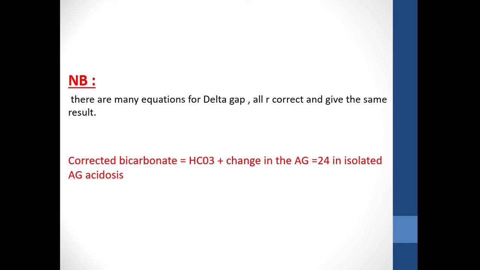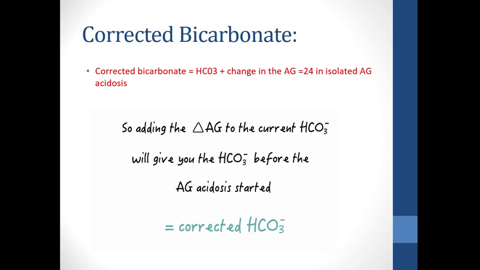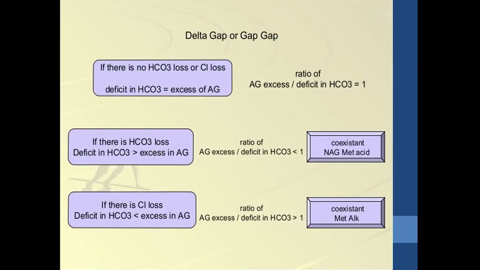If this reduction is just consumed by the acids which elevate the anion gap, then the change in anion gap plus the HCO3 should be 24. If it is 24, the patient has only isolated anion gap acidosis. Okay, this is the corrected bicarb.